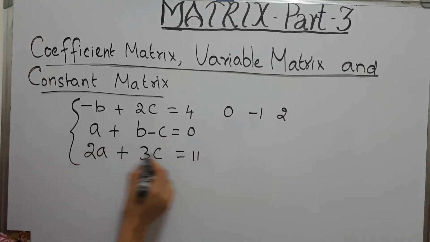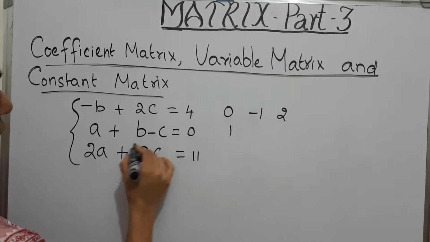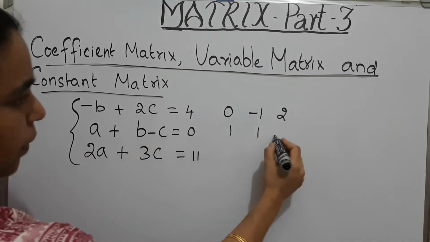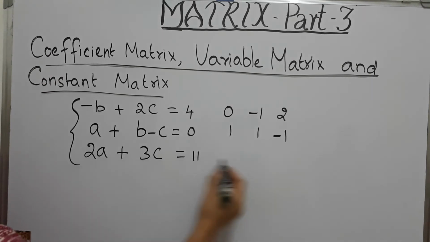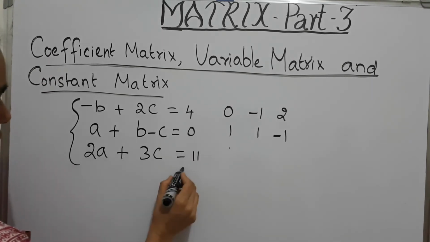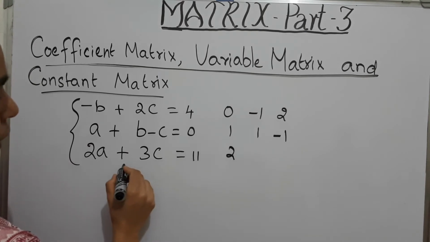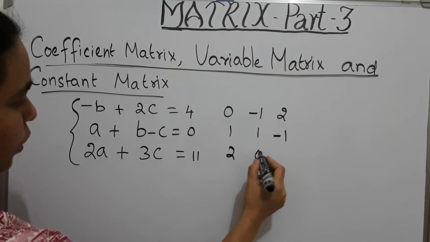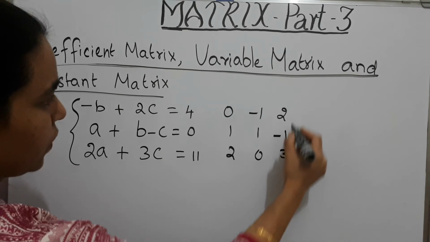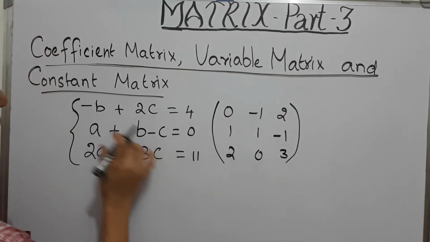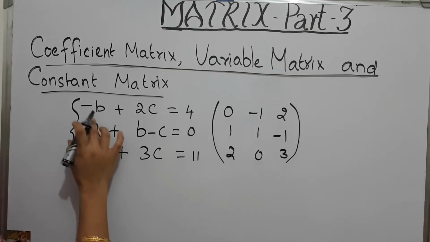For the second equation, a is 1, b is also 1, and c is minus 1. For the third equation, a is 2, there is no b term so we can write it as 0, and c is 3.